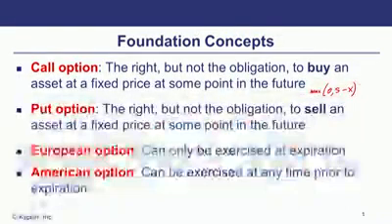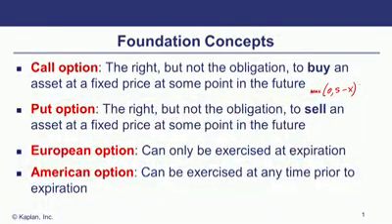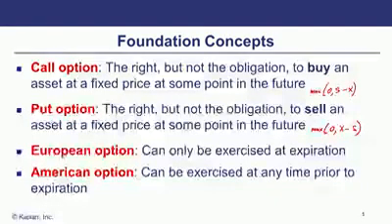Now in terms of the put option, this gives us the right to sell, so the payoff will be the greater of 0 and X minus S, because if I do come to sell, I collect the strike price by delivering the underlying. Again, the payoff of a put option can never be less than 0. And of course, we've got options in terms of when they can be exercised.